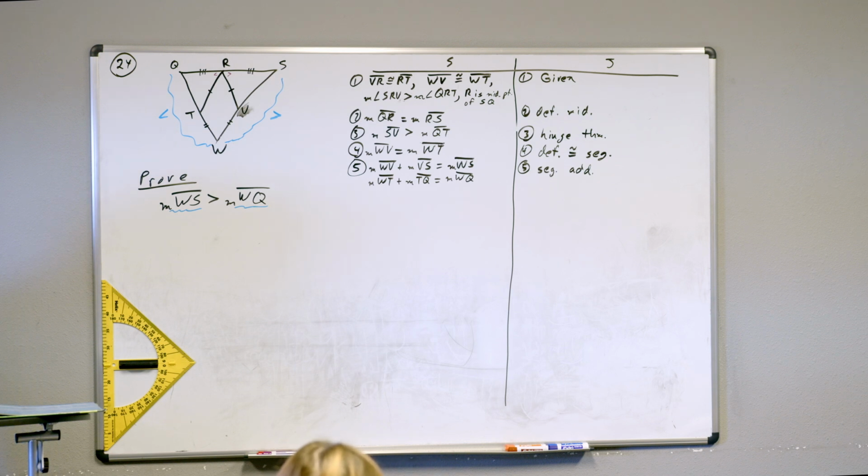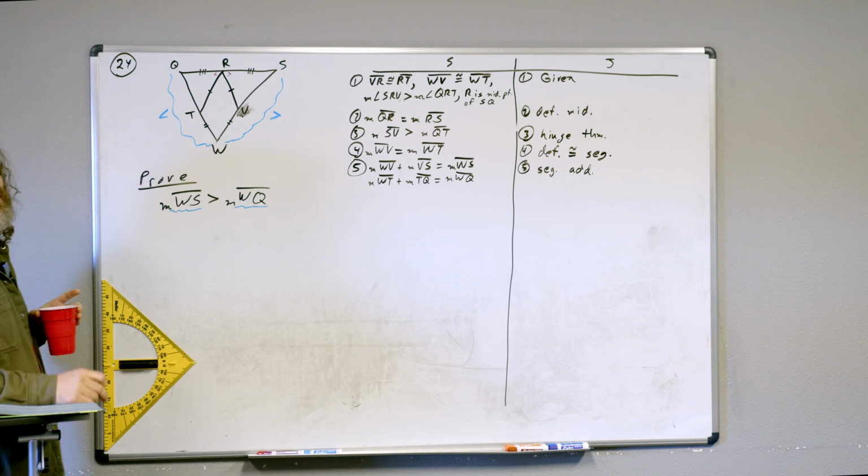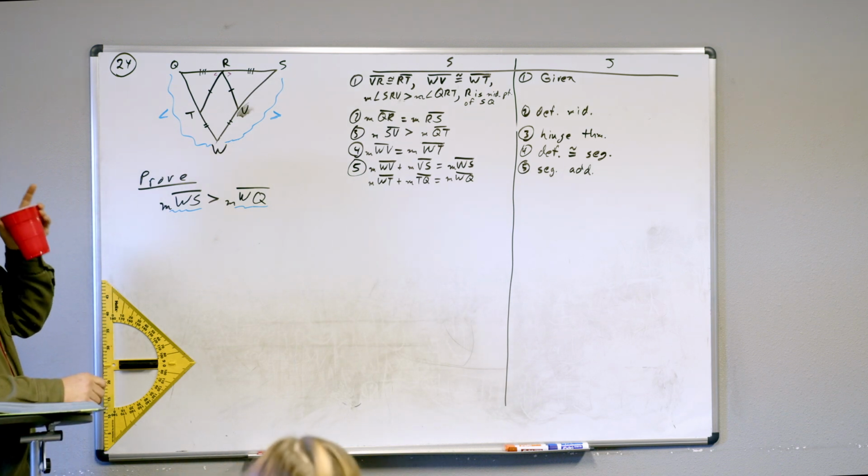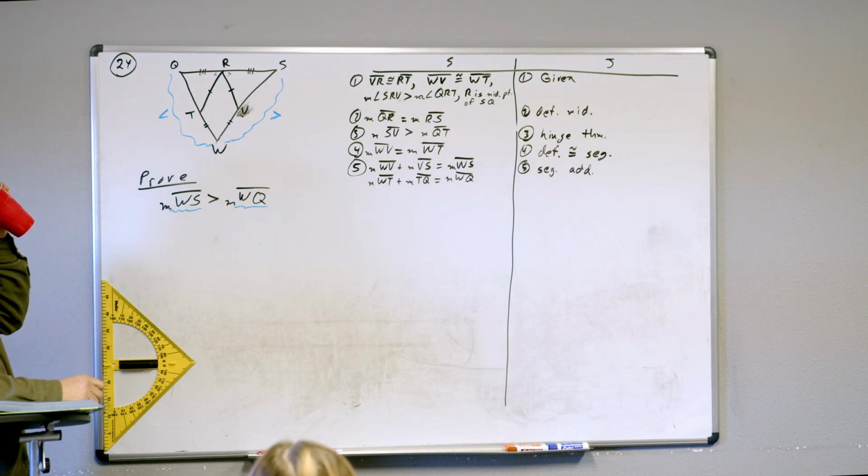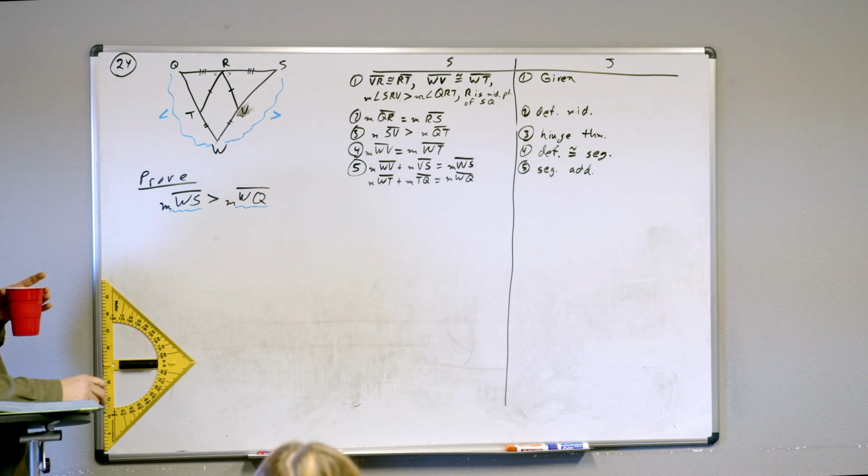Do we have to add the WV and WT into the inequality? Do we have to add that? Yeah, we're going to have to get them in there somewhere. So can we not just add them in? Since we already know that they're equal to each other, can we put them on both sides? Yeah, kind of.